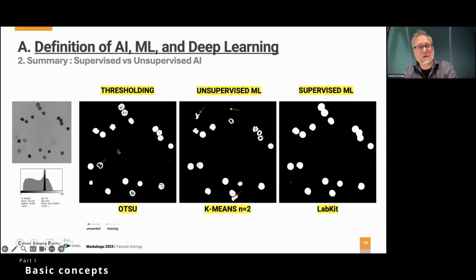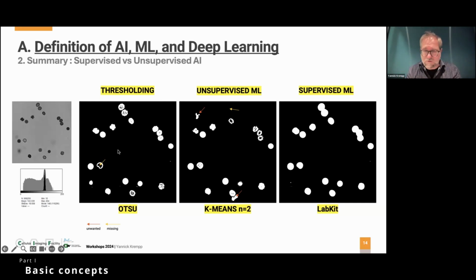Unsupervised models like k-means, which is a clustering algorithm, will try to form groups of pixels, in this case, with similar characteristics, where the model is not guided by any example, but just by the number of classes it has to form.